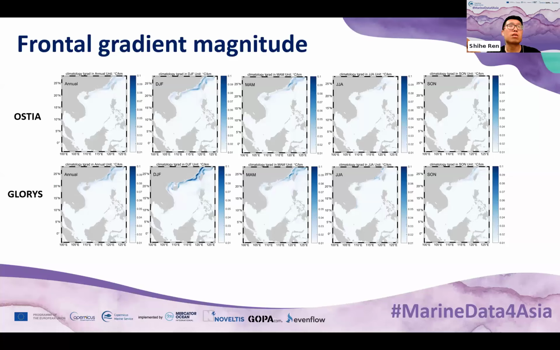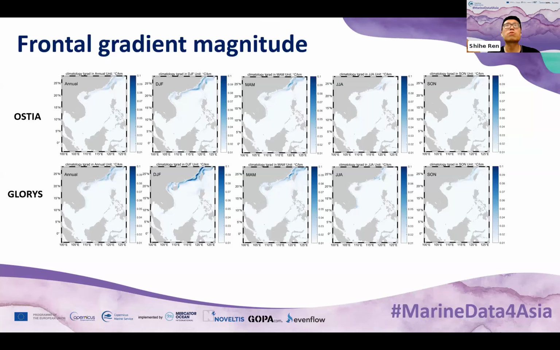This slide shows the long-term average climatology of the 10 years of frontal gradient magnitude, based on AVISO and GLORIES. Generally, both datasets show similar frontal patterns.